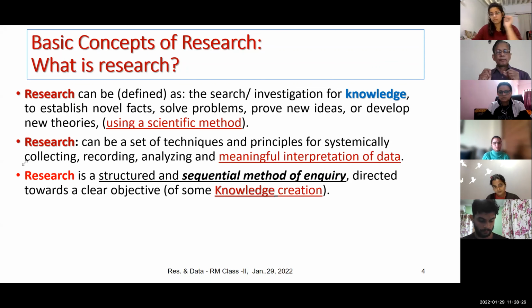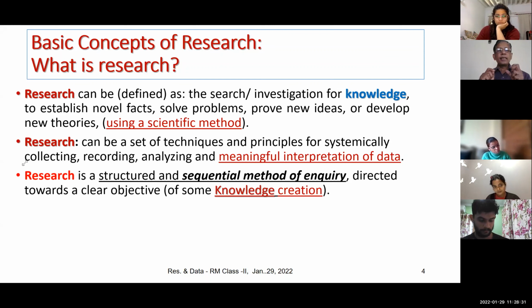We mean that in RM, research methodology, every teacher should tell you that it has stages or steps, and we have to go through those steps sequentially.